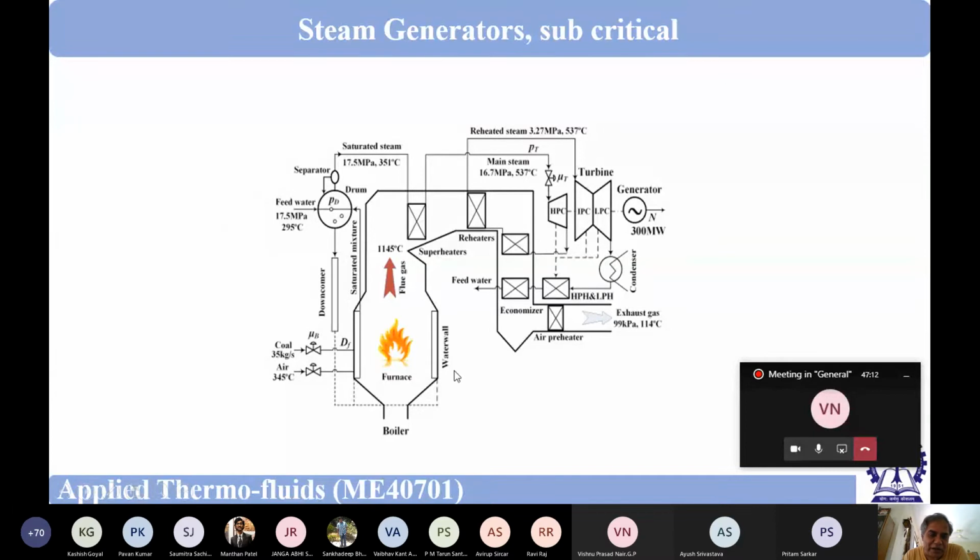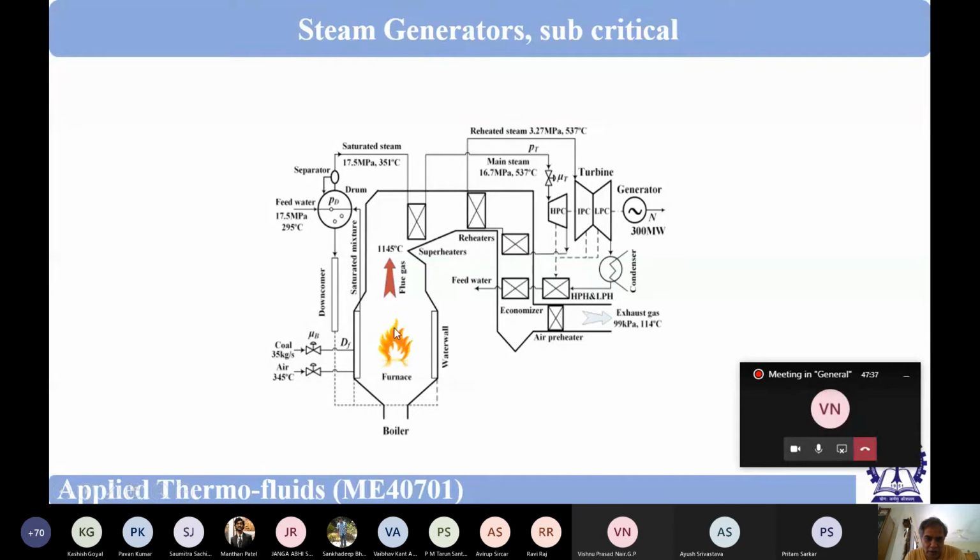If it is a rectangular construction, then at least on two walls these kinds of nozzles will be there, and on the opposite side also we have got nozzles. The nozzles could be there on other walls also. There are 4 walls, and on the 4 walls itself there could be nozzles. If not, at least on 2 walls there will be nozzles.